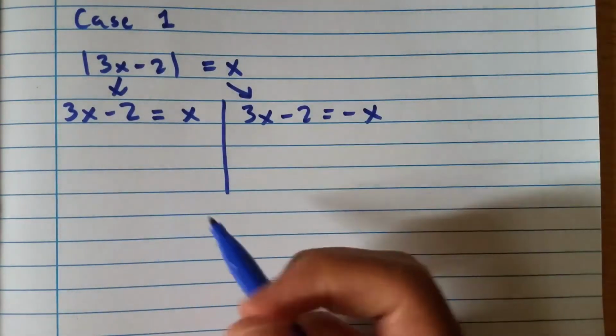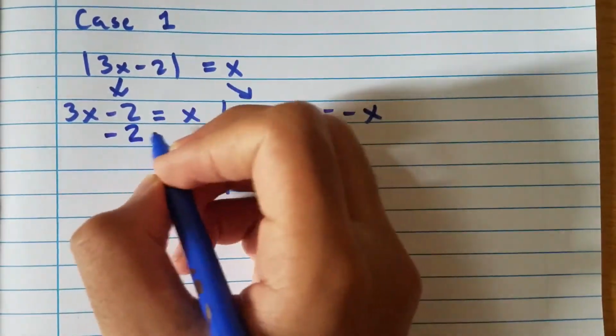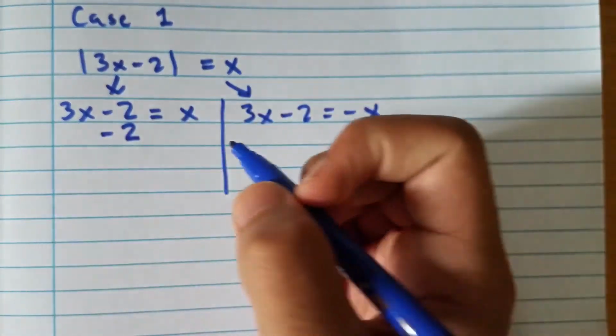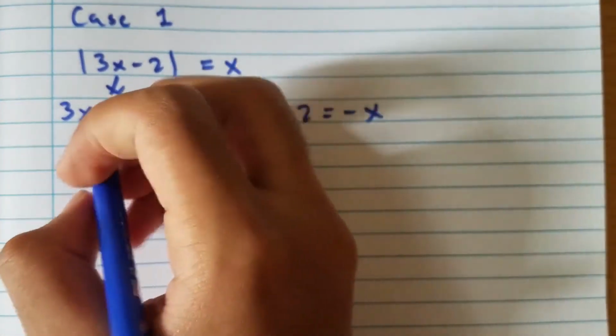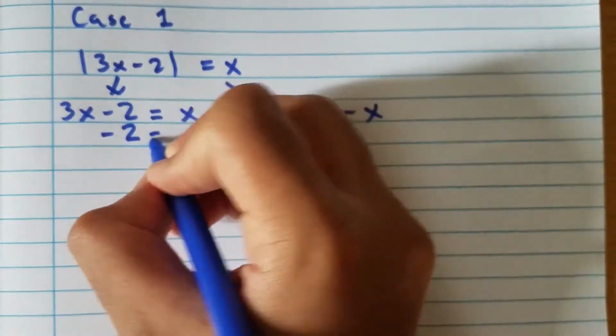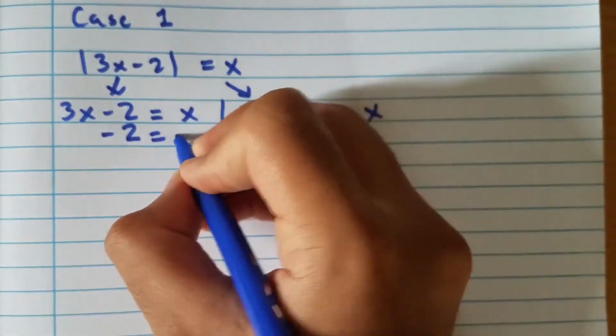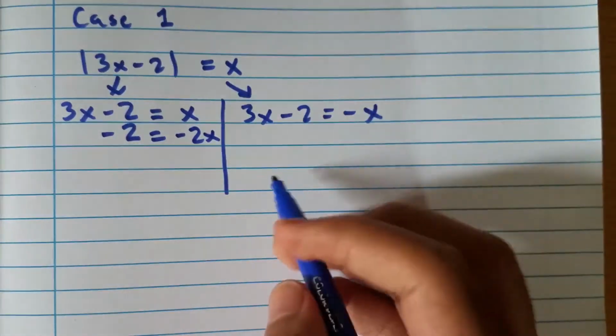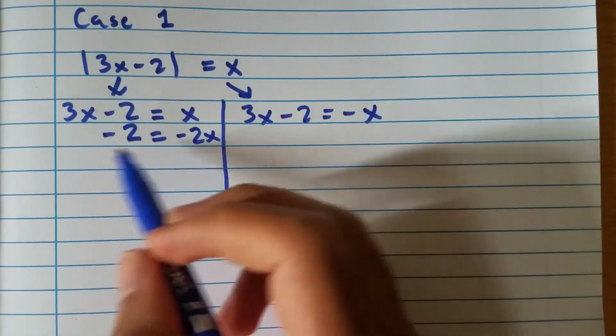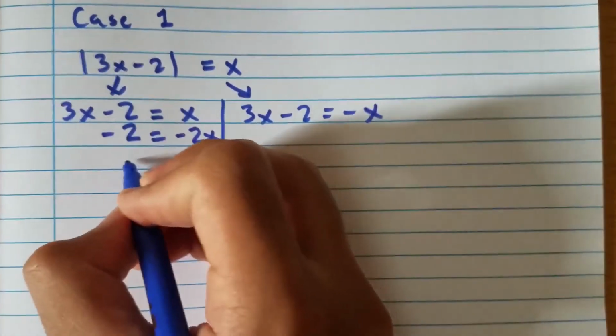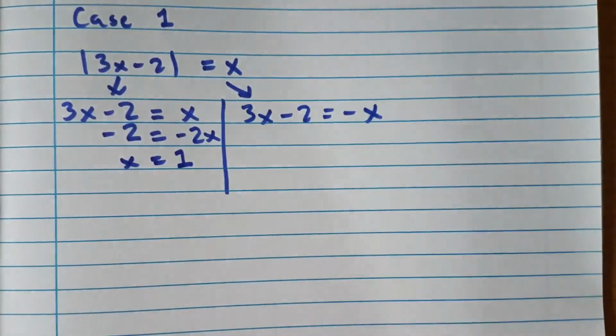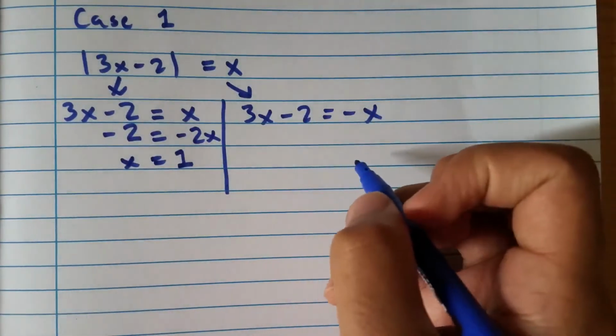So let's solve this one first. On this one we can subtract 3x from each side of the equation, and we get that x minus 3x equals negative 2x. Then I can divide by negative 2 on each side of the equation, giving that x equals 1. So let's look at this equation now.